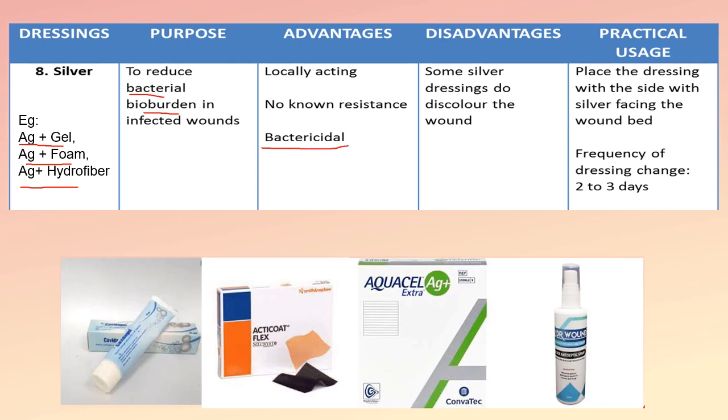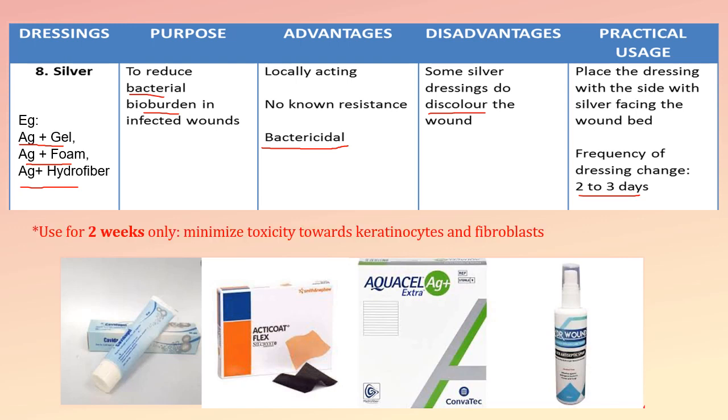It is bactericidal, but sometimes the dressing will discolor the wound. We can change the dressing every 2 to 3 days. Do note that it is for use 2 weeks only to minimize toxicity towards keratinocytes and fibroblasts.